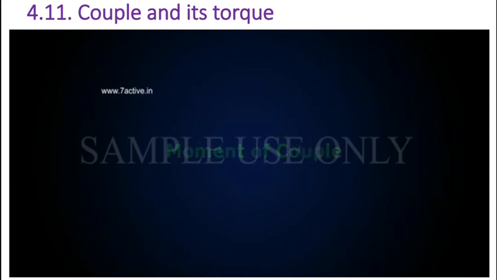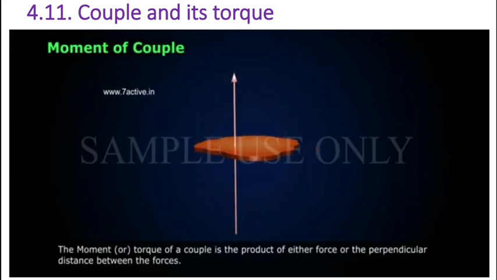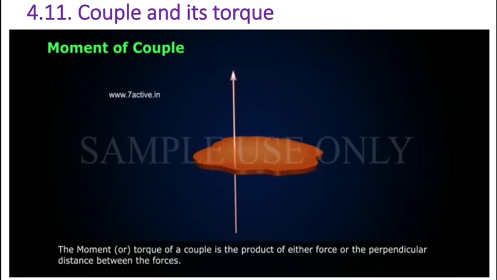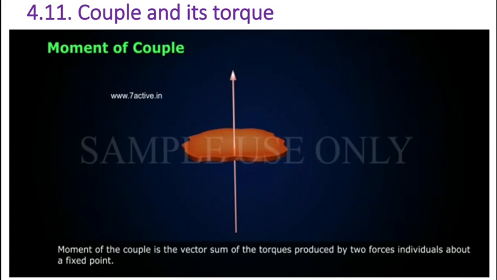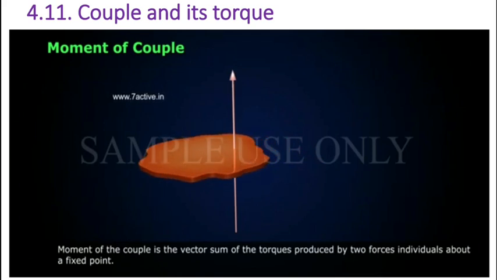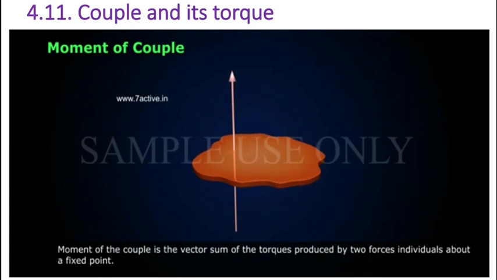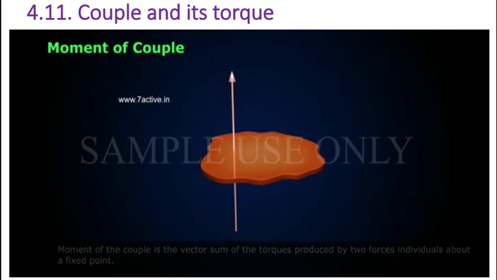Moment of couple. The moment or torque of a couple is the product of either force and the perpendicular distance between the forces, or the moment of the couple is the vector sum of the torques produced by the two forces individually about a fixed point.